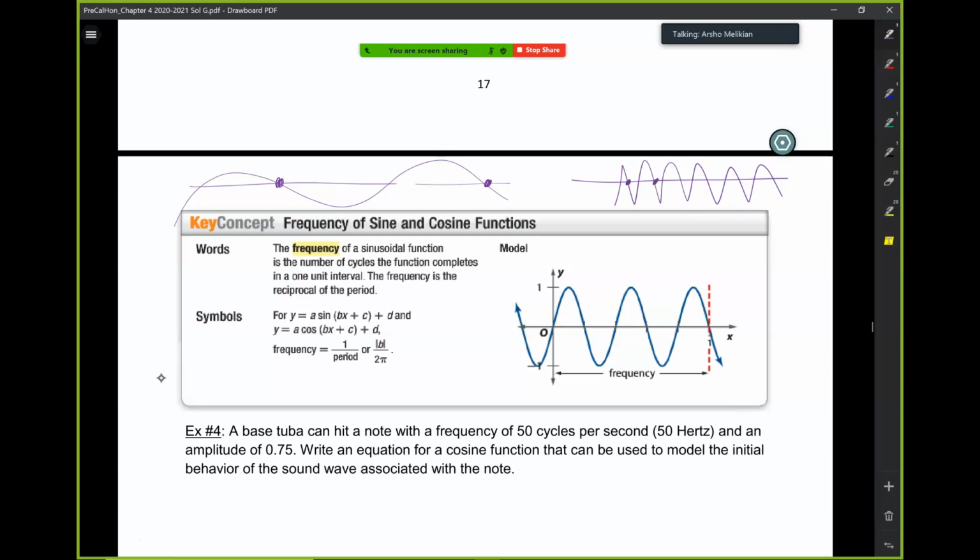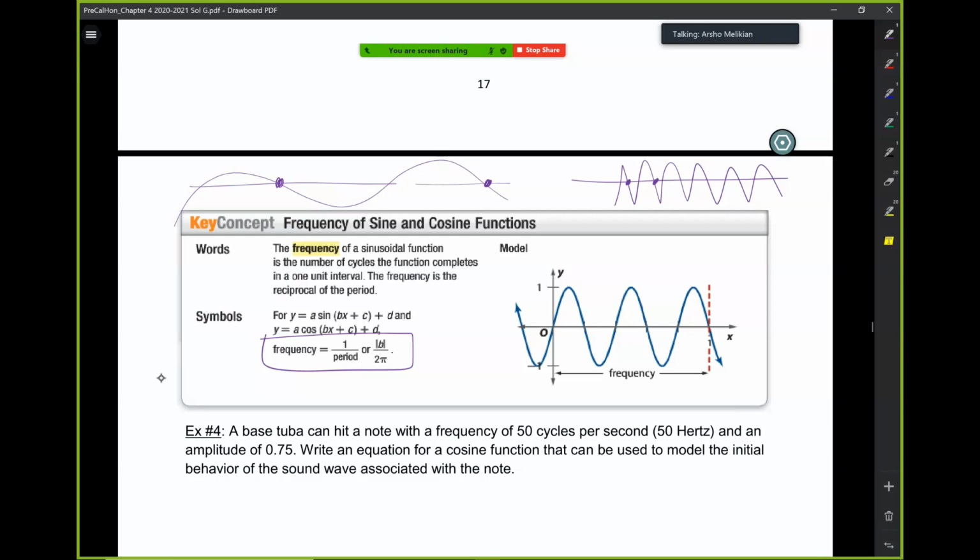The difference also is their frequencies. So what's a frequency? The frequency is the reciprocal of the period. Basically, it's 1 over the period, meaning b over 2 pi. So whereas the period is how long it takes for the wave to complete, the frequency is, if you are looking at the waves and you time them, how many peaks pass through you in a second.